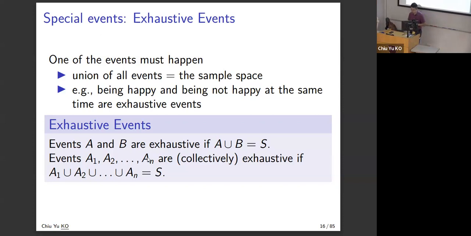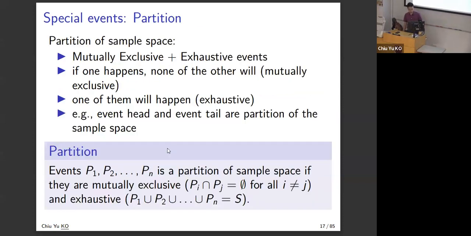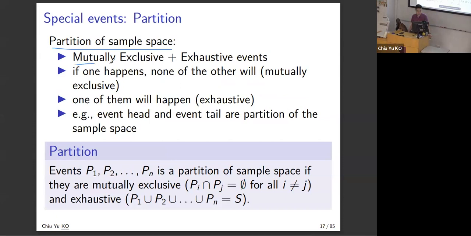Why we care about this, you will see later, because this is very useful. There are rules in probability related to this, and more importantly, when we say events are mutually exclusive and exhaustive, that means a partition. They have the same meaning. Partition means a bunch of things that are mutually exclusive and exhaustive.